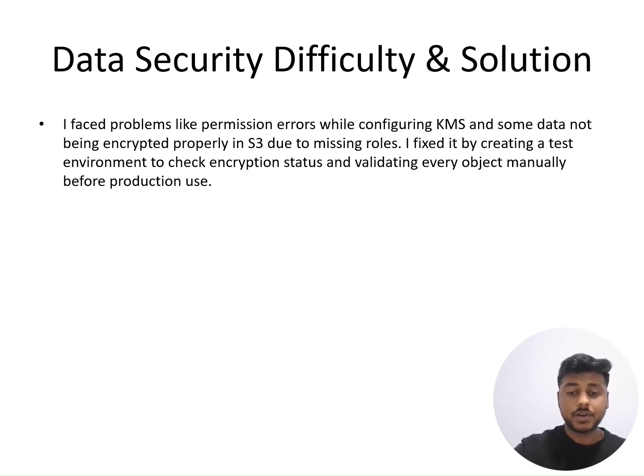To solve this, I created a test environment to verify each encryption configuration before applying it to production. I also manually validated every S3 object's encryption status using command line tools to ensure nothing was left unprotected, which helped minimize risk and gave us complete control over the data encryption process.